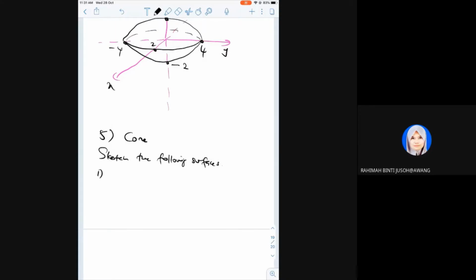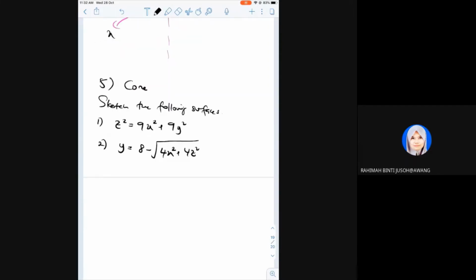Number 1, z squared equals to 9x squared plus 9y squared. Number 2, we have, let's say, y equals to 8 minus 4x squared plus 4z squared. Lagi satu saya nak buat pada paksi x, okay. X squared equals to 3y squared plus 5z squared. Macam tu.